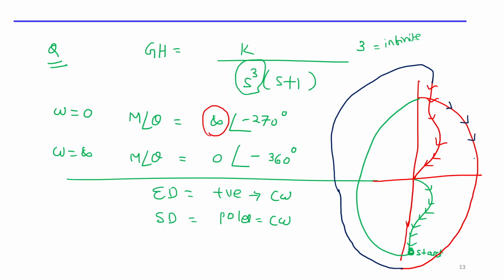So this is the first one, this is the second one, and this is the third one. After doing so many questions, I don't think you have any doubt on this question. This is the first infinite radius half circle, the second, and the third, which all end at the starting point.